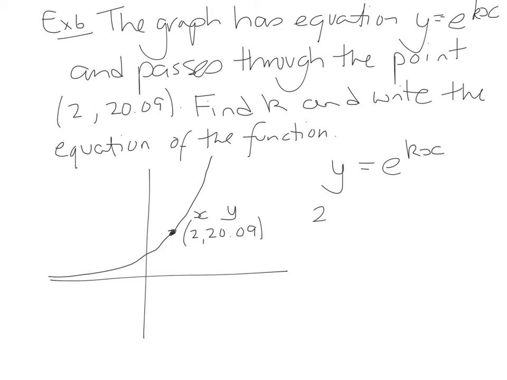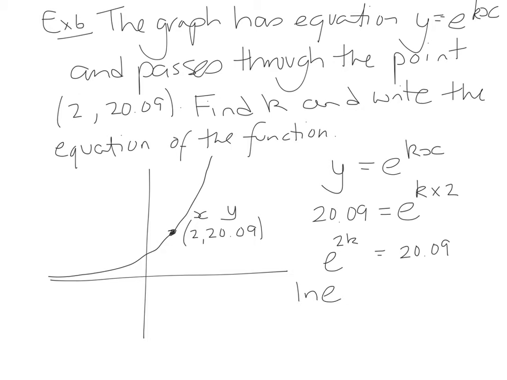So if we put 20.09 here, and we can have e to the k times 2 there. First of all, I'm going to swap sides, so I'm going to have e to the 2k equal to 20.09. And then we have to take the natural logs of both sides again to be able to eliminate e.